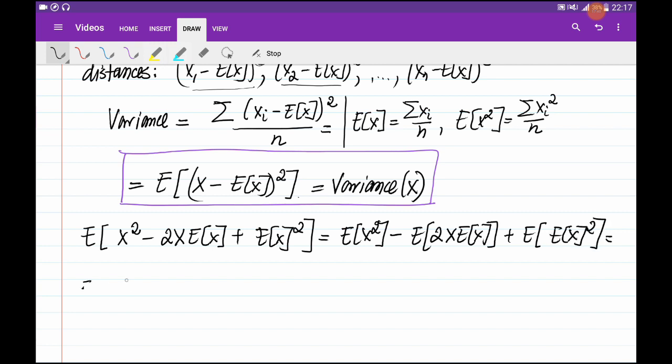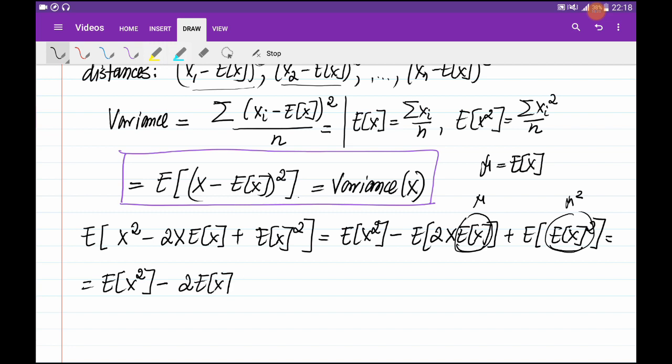Please note that the expectation of x, or the expectation squared, is just a constant. You can denote it differently, for example as mu, and here is mu squared, or anything else. So basically, you can denote mu as the expectation of x. Here, the expectation of x is just a constant. We know that when we multiply the random variable x by a constant, we can take it out of the expectation. So we can write the expectation of x squared minus 2 times the expectation of x; I just took out the constants, the 2 and the expectation of x.